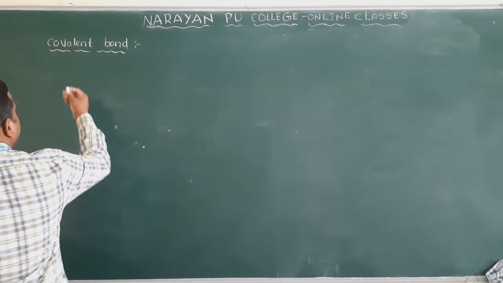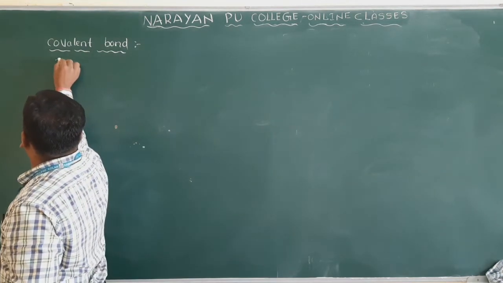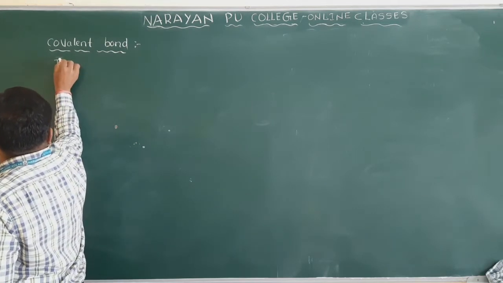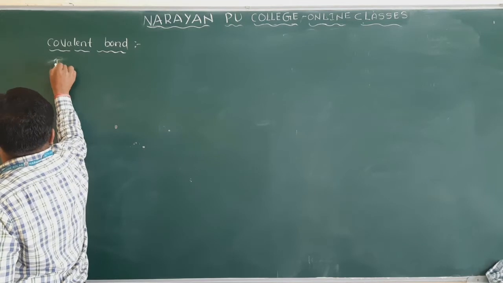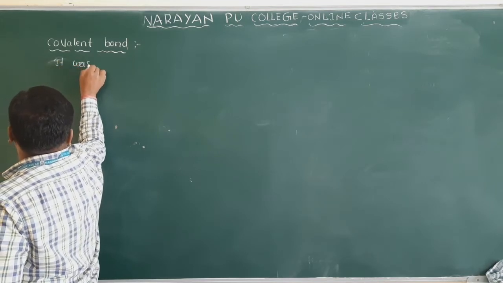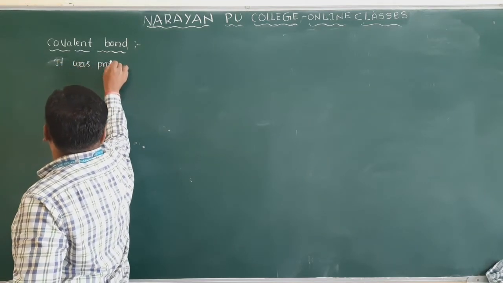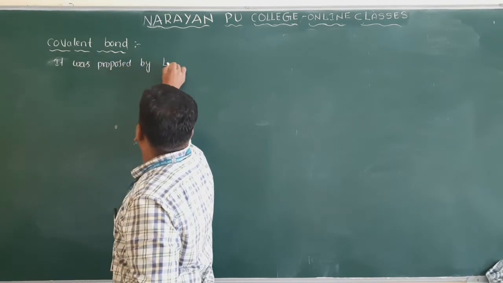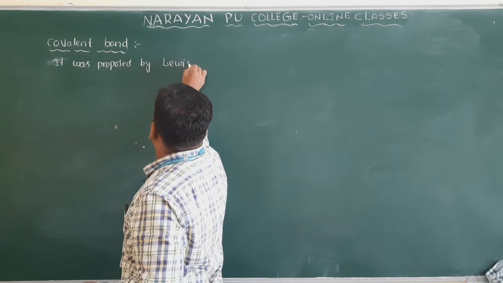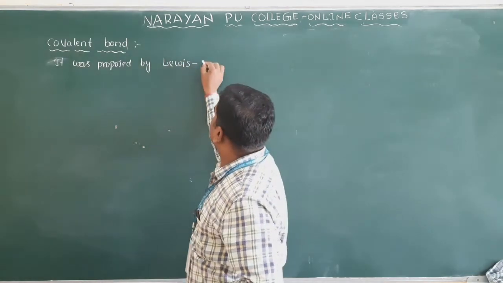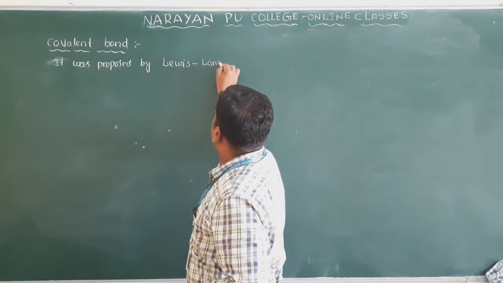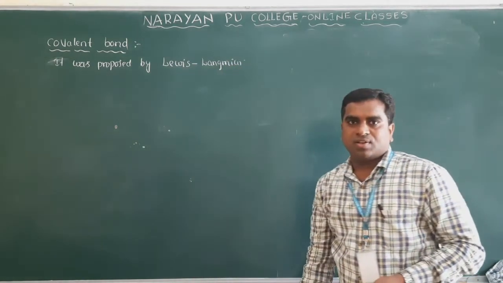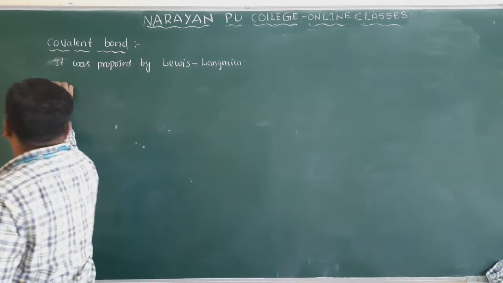So shall we write this down? The covalent bond was proposed by Lewis, and also developed by Langmuir. So what is the definition of covalent bond?